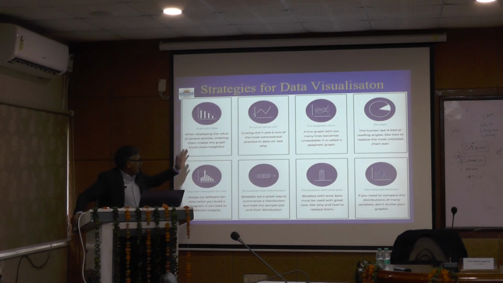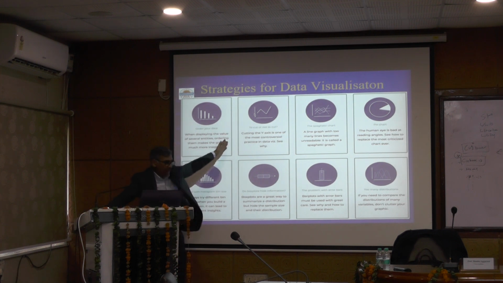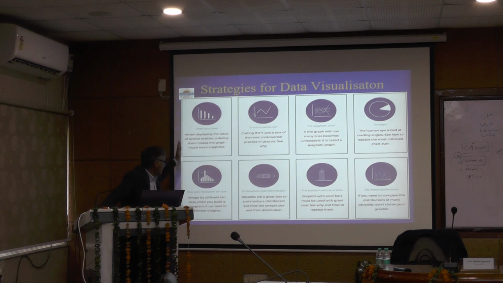So one option is I start from 1980 and I come to 2024, or I start with 2024 and come to 1980. So while displaying the data, order is very important, sequence is very important. Second problem comes when there is a gap.